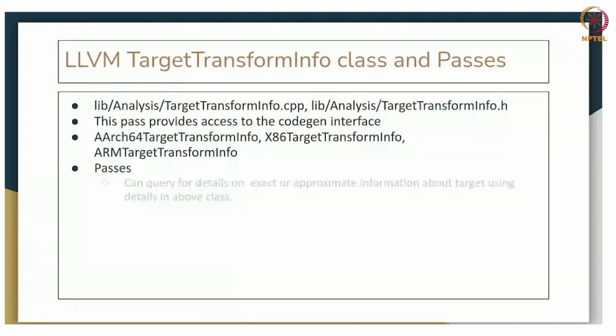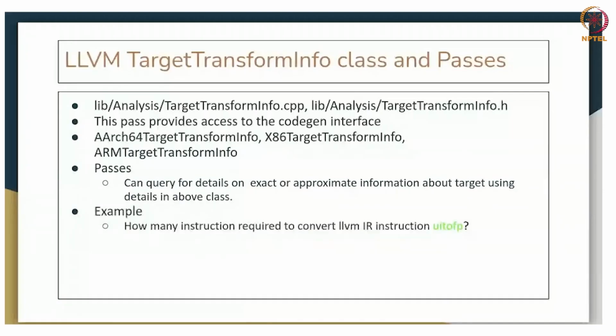A pass can query for exact or approximate information about the target using the details provided in the above class. For example, how many instructions are required to convert the LLVM IR instruction UIToFP? That could be a query, and there will be an API function through which you can get that answer. If it's an AArch64 machine with full FP16 support, the value will be only 1. If there is no full FP16 support, it could be some other number greater than 1, for example 8.